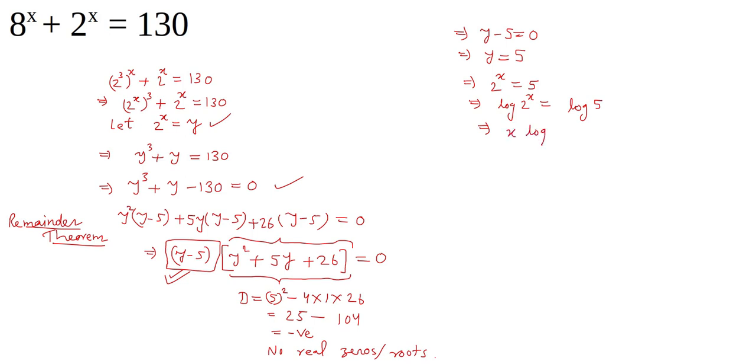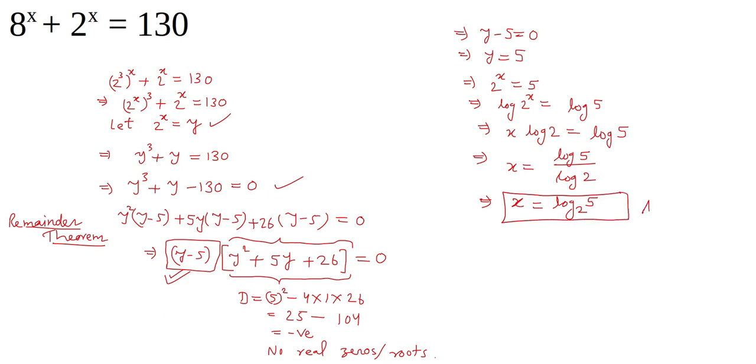So x log 2 is equal to log 5, or x is equal to log 5 divided by log 2, or you can also write this as log of 5 base 2. This is the value of x, and this we had to find out. So this is the answer to this problem.